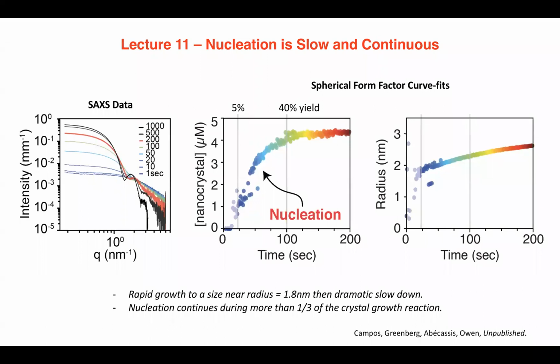The total amount of stuff divided by stuff per crystal will give you the number of crystals. And so these experiments make it possible to see an increasing number of crystals with time, which is a measure of crystal nucleation.